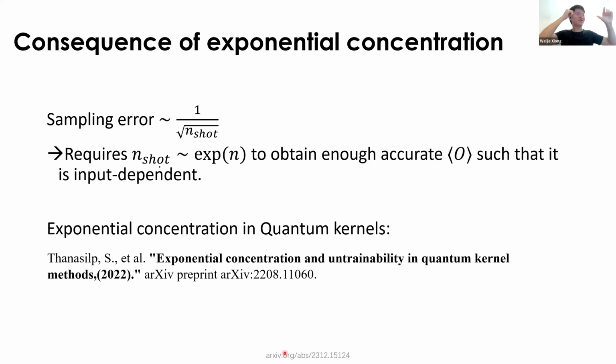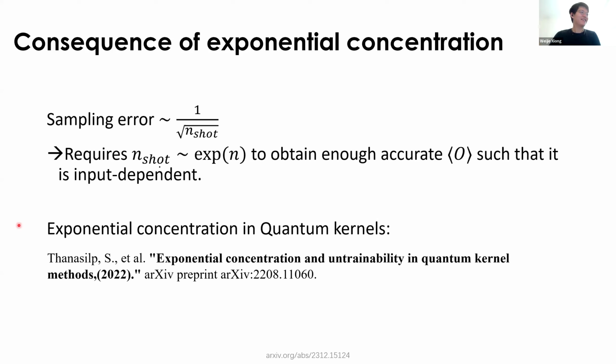Then when we want to distinguish two different outcomes, you will need exponentially many shots to obtain enough accuracy. So basically, this means that in practice, your QELM is just an input independent system and it's completely useless.